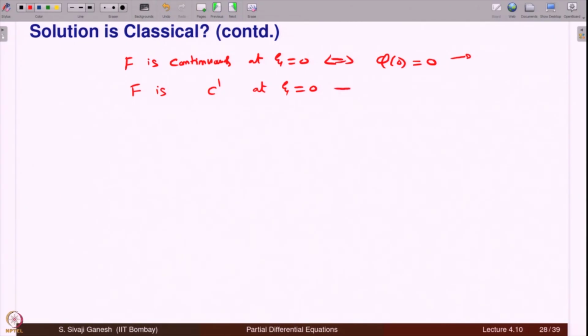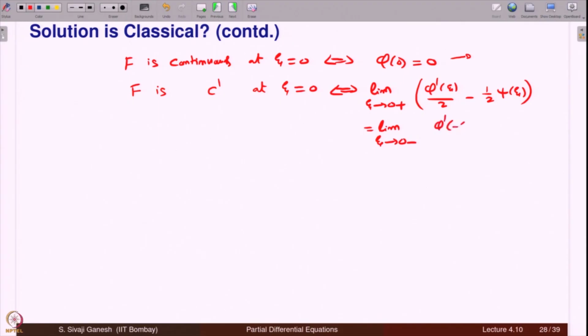f is C1 if and only if the limit of the derivative, I am going to take directly the derivative, and the derivative is phi dash of xi by 2 minus half psi of xi. This limit is equal to the limit on the other side, xi going to 0, of minus phi dash of minus xi by 2 plus half psi of minus xi.